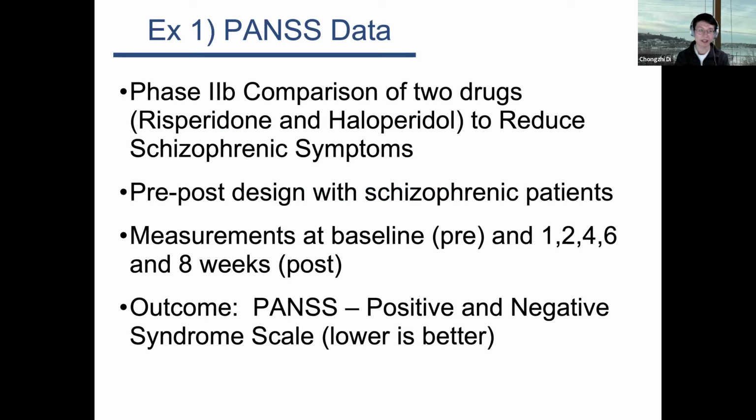Everybody is measured at baseline, which is pre-intervention, and then post-intervention the outcome is measured repeatedly at different time points, in this case at weeks 1, 2, 4, 6, and 8. Eight weeks is the end of the trial, and the outcome is the so-called Positive and Negative Syndrome Scale, or PANSS score. For this score, lower is better. Higher is worse.